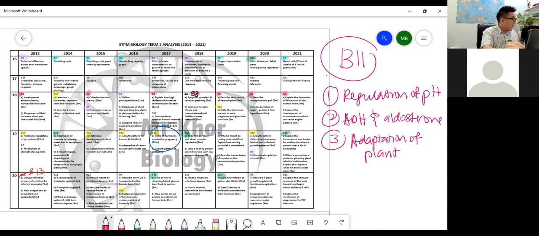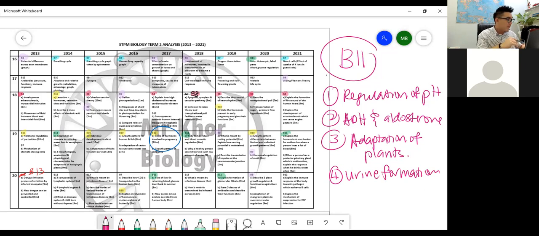Last one would be the urine formation. Then if you've got time, just browse through blood glucose, osmoregulation, and body temperature. But these few are top of the list.